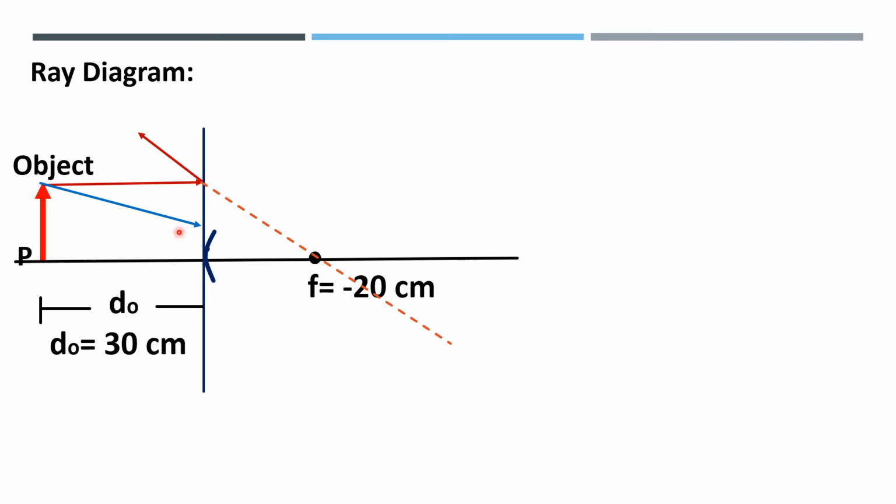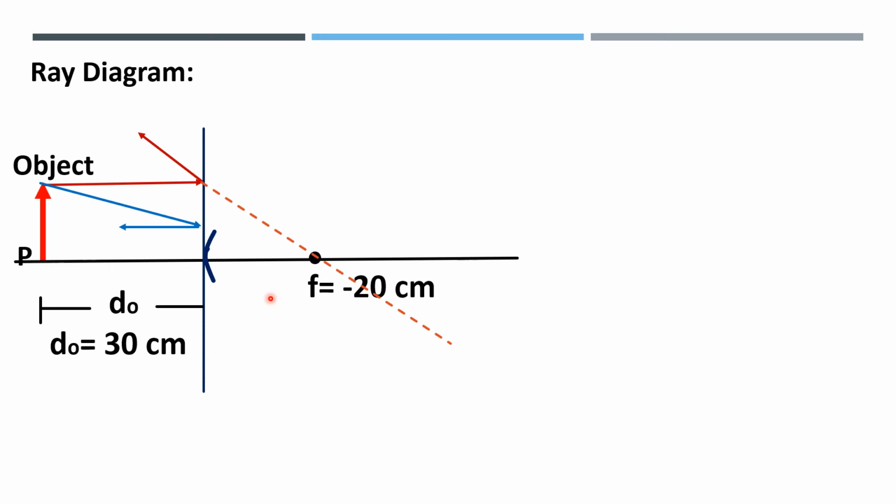But exactly at the vertex, what's going to happen to the ray when reflected? It will be reflected in such a manner that the reflected ray is parallel to the principal axis.